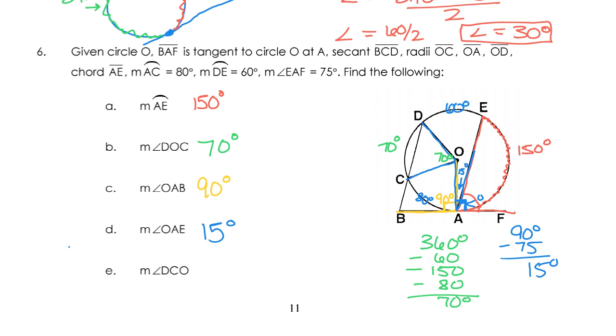And my last one, angle DCO, D to C to O, this angle here. We can't follow the sides out since it doesn't go all the way across. But this side and this side of this triangle are congruent because this is a radius, and so is this.